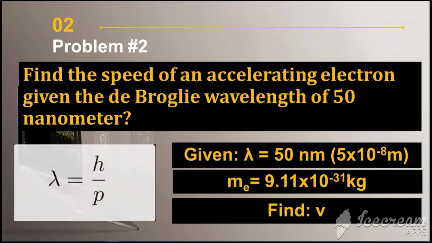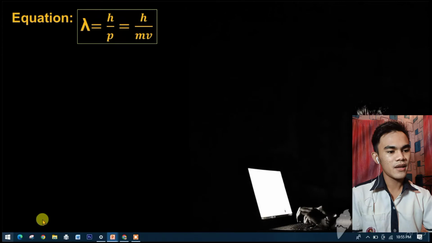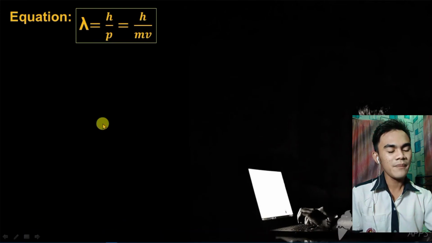So again, let's use our equation: lambda, or the wavelength, is equal to h, the Planck's constant, divided by the momentum.